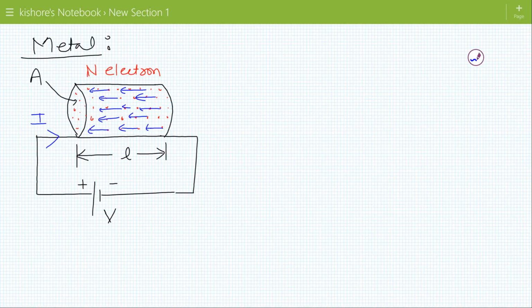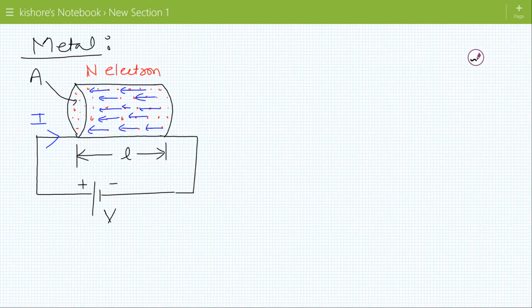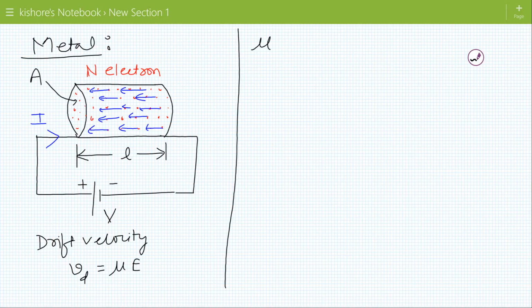The drift velocity is Vd. This is mu into E, where mu is the mobility of electrons.